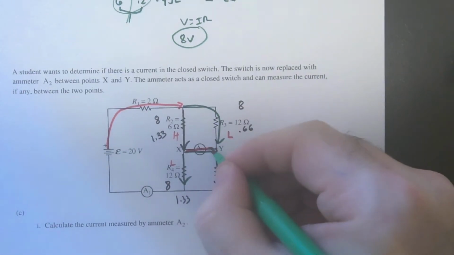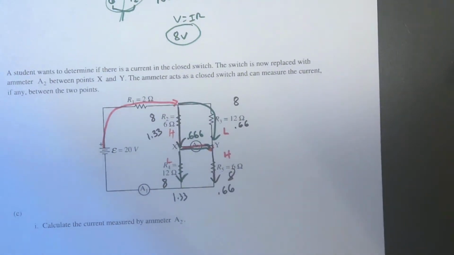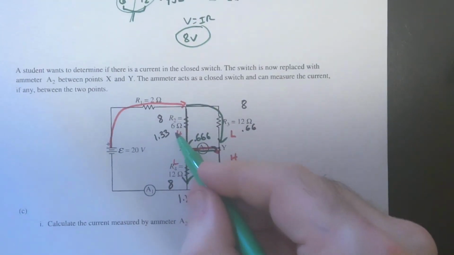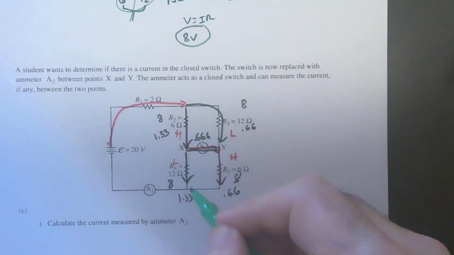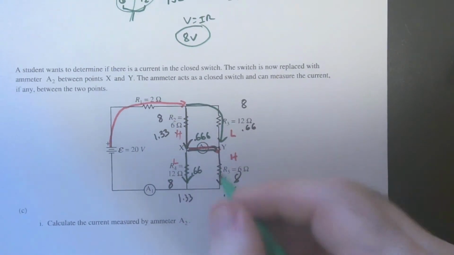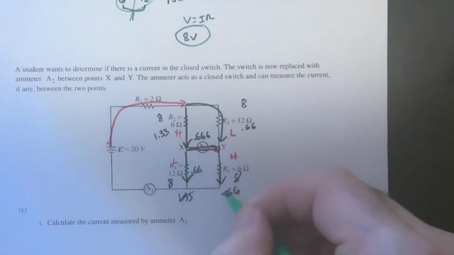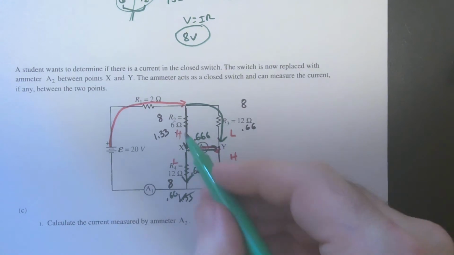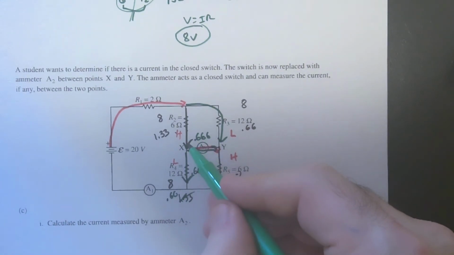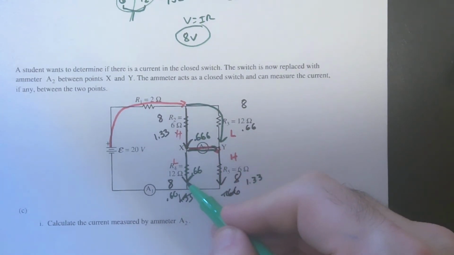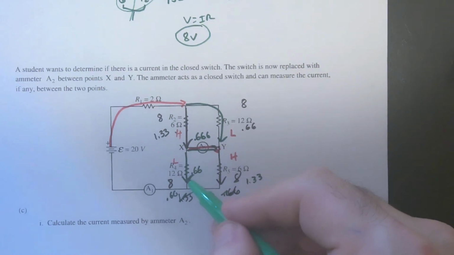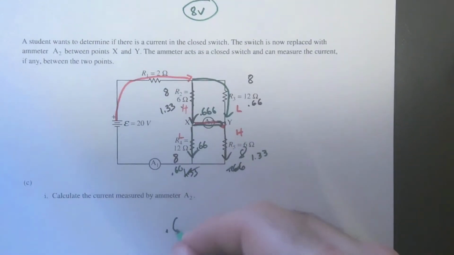Which means there better be 0.666 going this way. Because here you have 1.33 and you only have 0.66. Wait, I switched these up, I'm so sorry. This goes from 1.33 down to the smaller 0.666. So it lost half its current. So that's the current going through there.